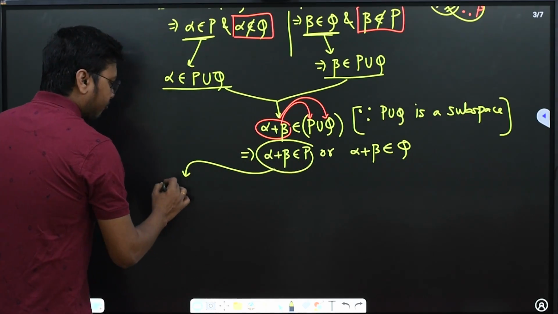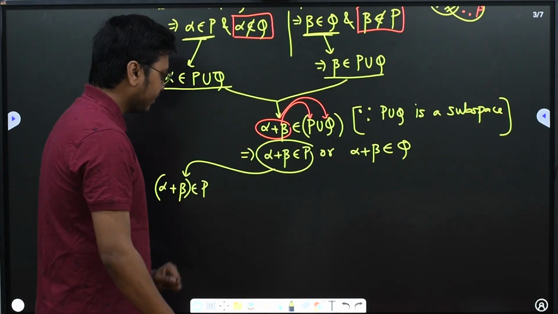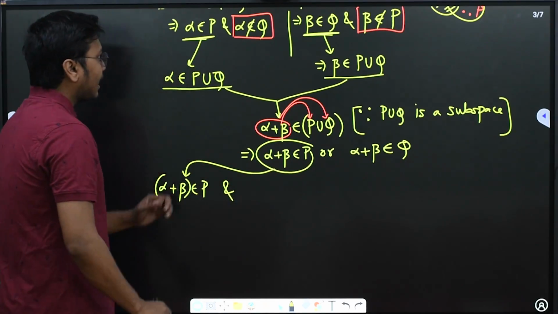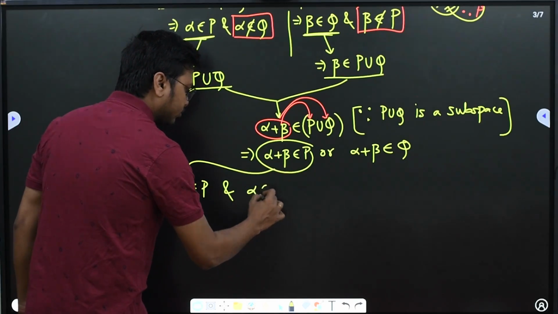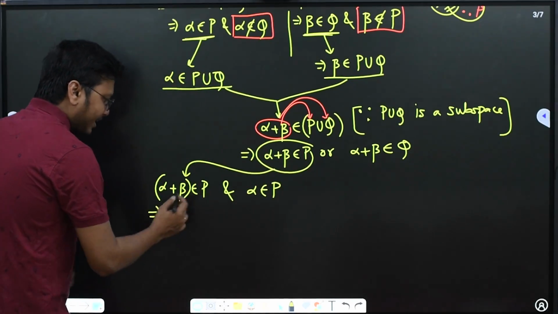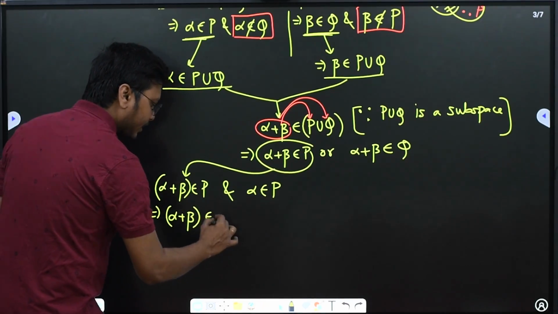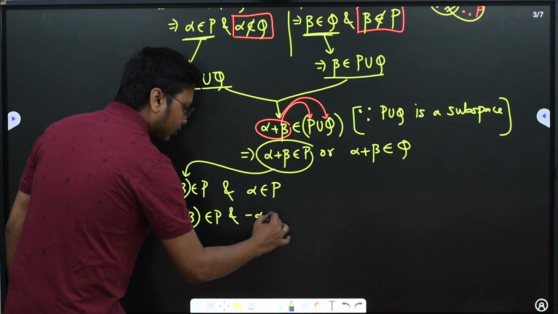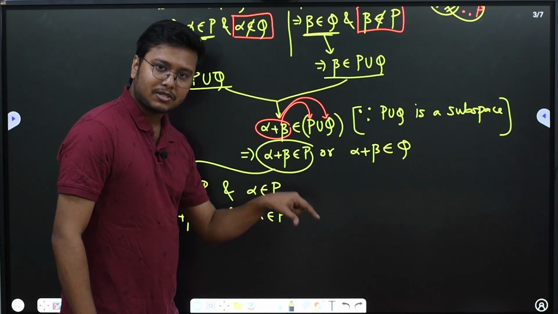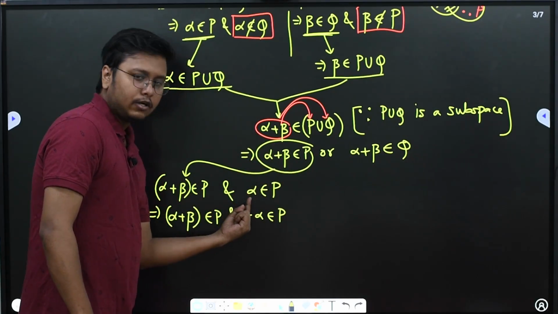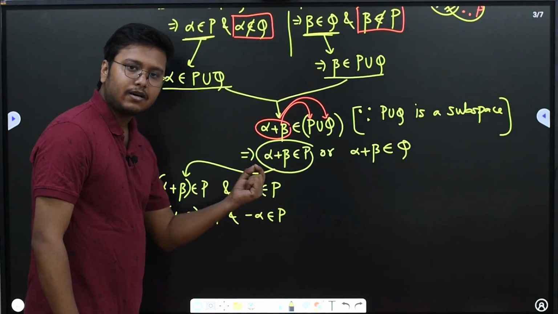Okay. Alpha plus beta belongs to P, if this is happening, and I also have that I had taken alpha from the P set right over here. So alpha also belongs to P. So I can reframe this statement and write that alpha plus beta belongs to P and minus alpha belongs to P, because if alpha is belonging to P and we know P is a subspace, I can multiply any constant with alpha and it will still belong to P. So let's say I am multiplying the constant -1.